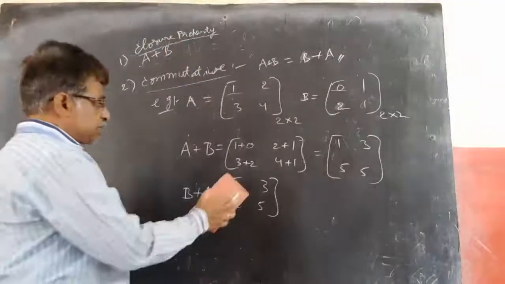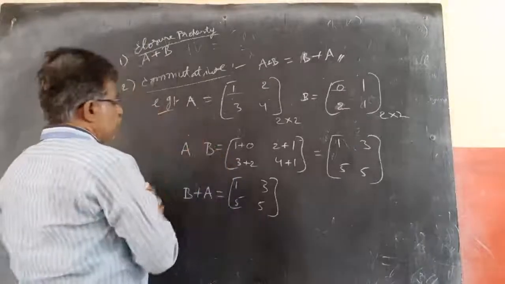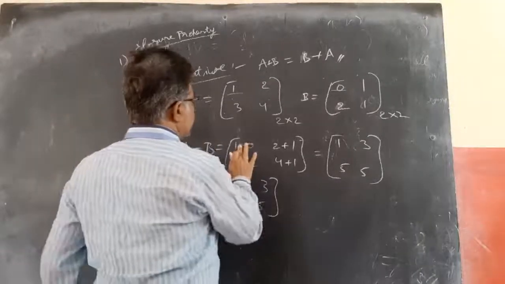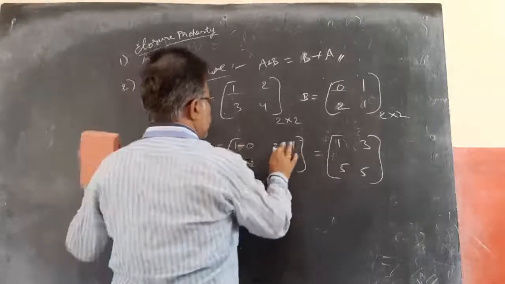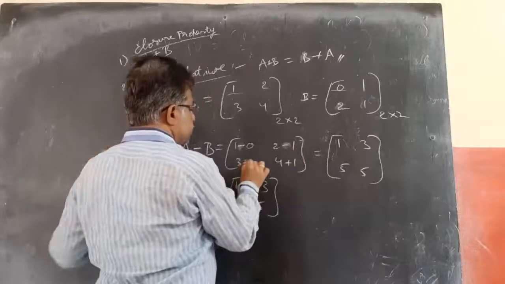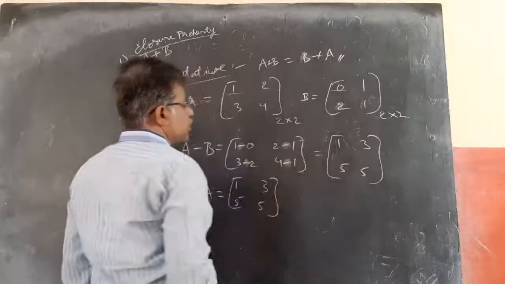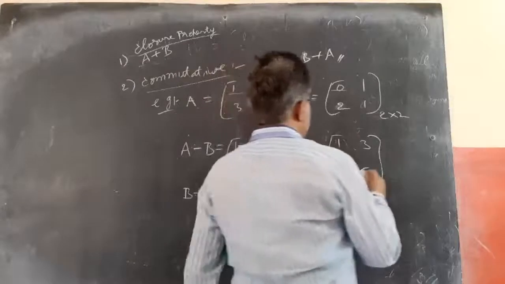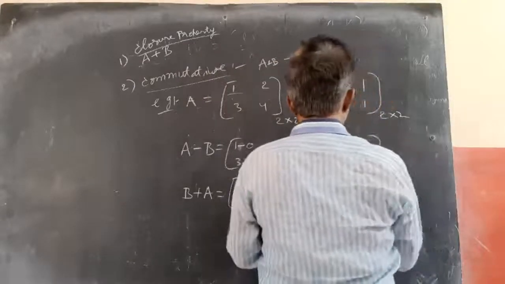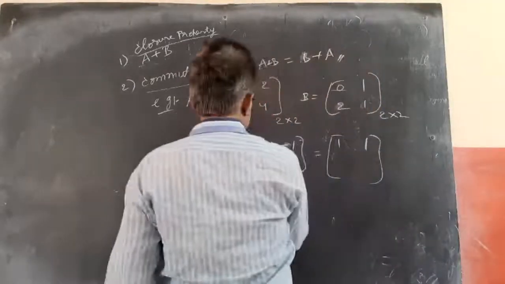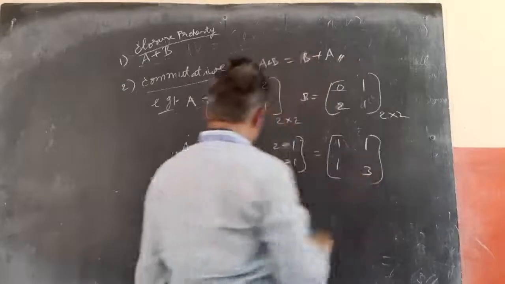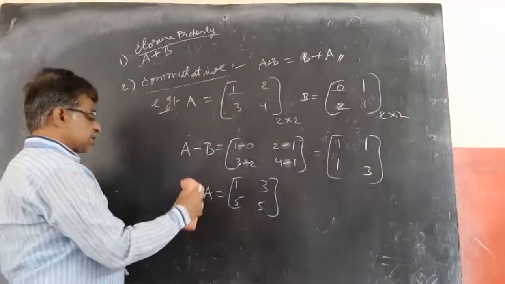Why? If I take A minus B, what do I get? Corresponding element subtraction: 1 minus 0, 2 minus 1, 3 minus 2, 4 minus 1. So I get 1, 1, 1, 3. What is B minus A?